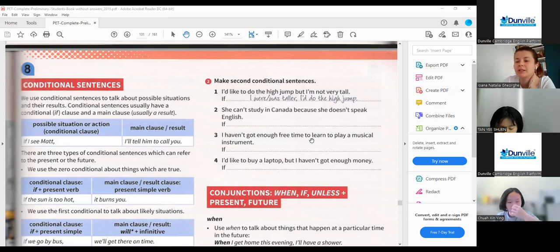Someone that you like, a celebrity. Are you thinking about it?